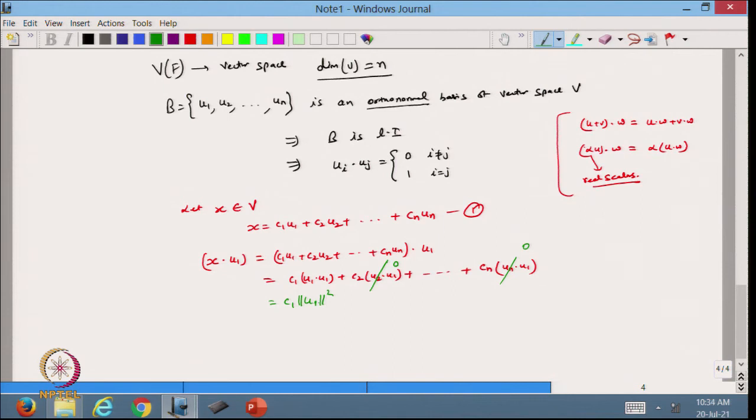Now I am taking an orthonormal basis, so this quantity is 1. So from here I get that c1 is x dot u1.